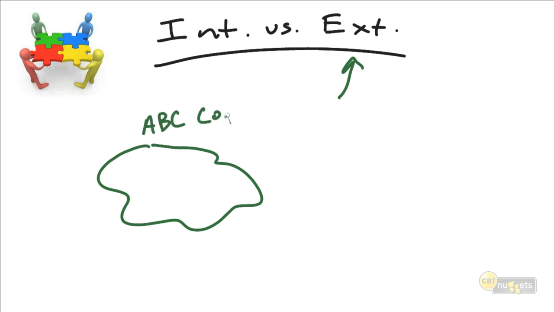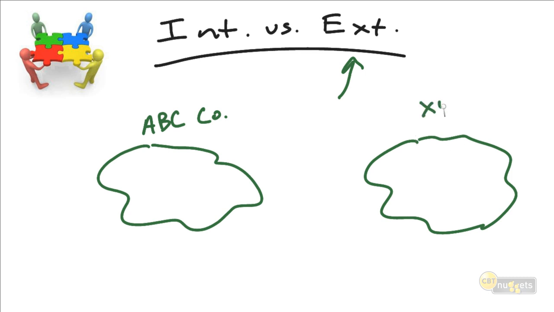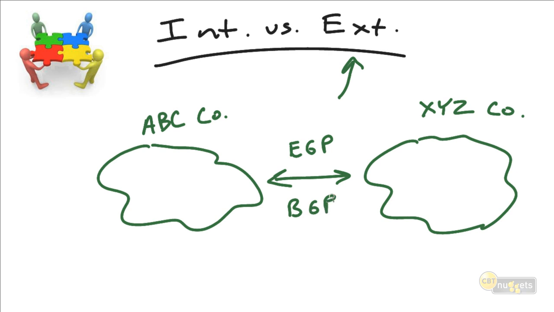Boy, is that overused or what? And then here is XYZ Company. You don't hear about that one as much. Okay, and the routing protocol that would be used to share prefixes between these organizations, this is called an exterior gateway protocol, and as you know, there is only one, BGP.